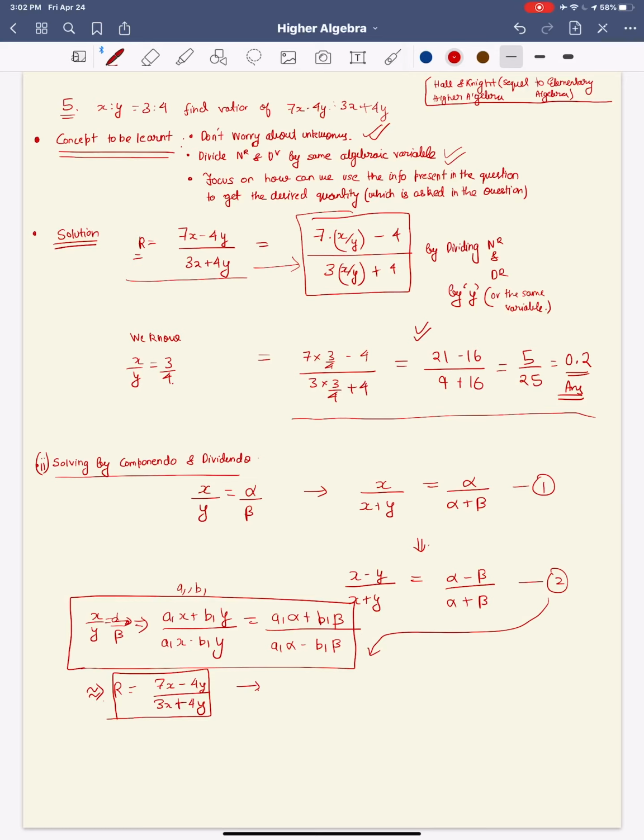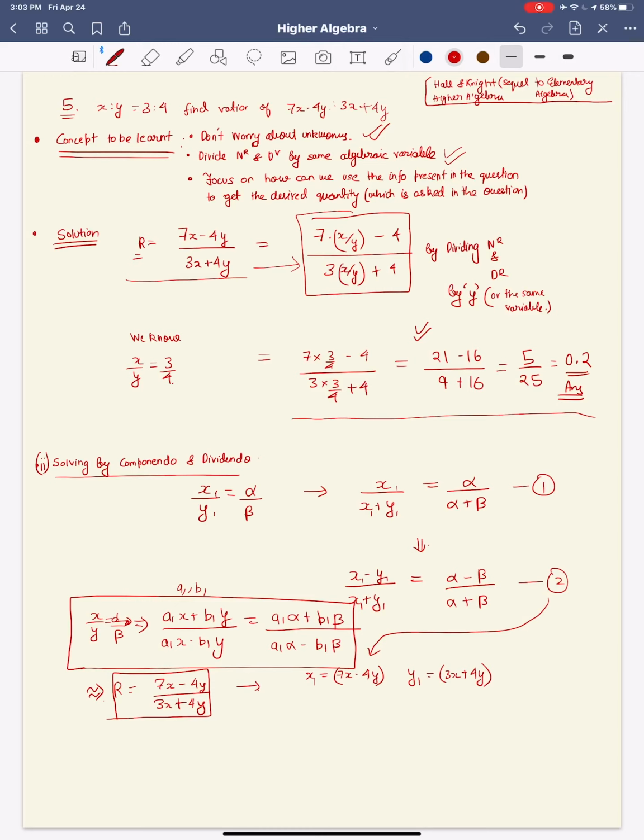So let us apply this. Suppose x here is 7x minus 4y, so let me change it for this. So say it's x1 plus y1 and all this is x1, y1. So x1 is 7x minus 4y and y1 is 3x plus 4y.